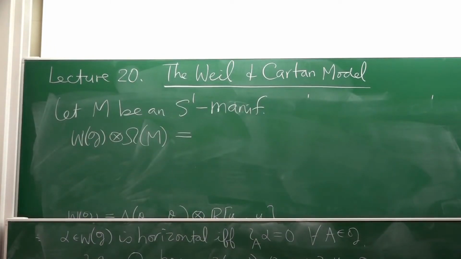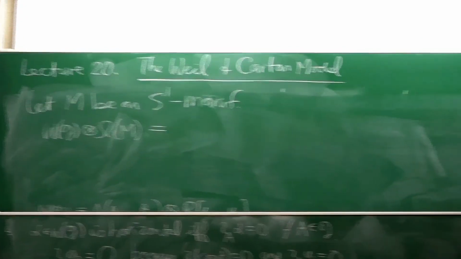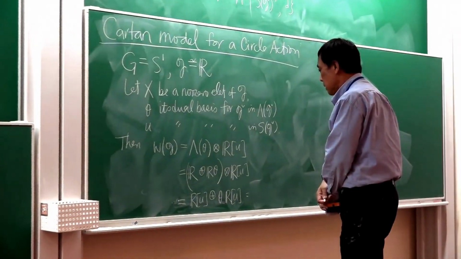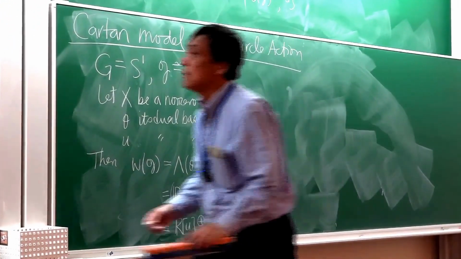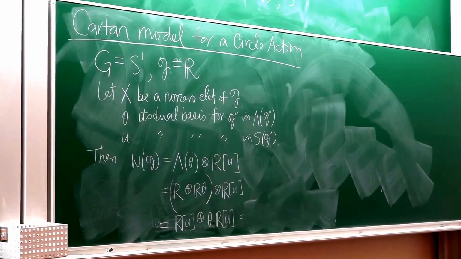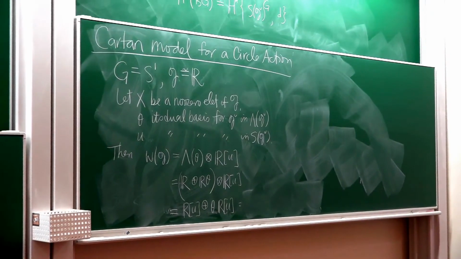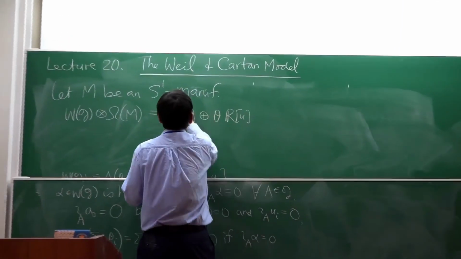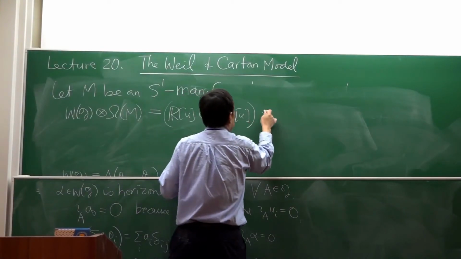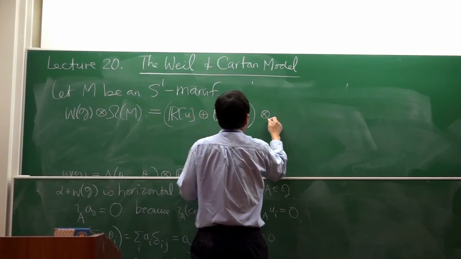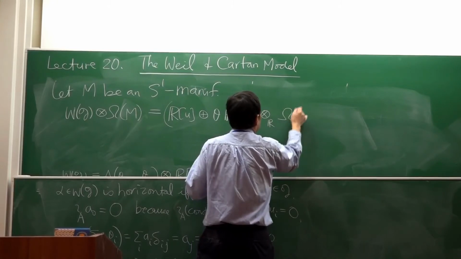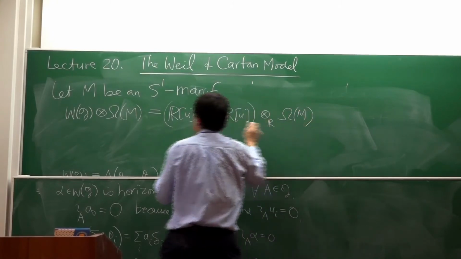Yeah, no. Just a minute. Sorry. Let's erase this. Okay. So you have R[U] plus theta R[U], and then you tensor over R with omega n.